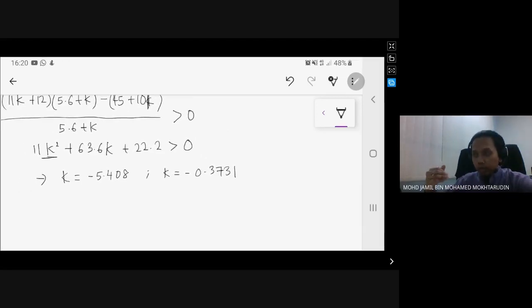So what range of K? If you still remember your Form 4 maths, you need to draw a quadratic curve, something like this. The first point here is negative 5.4, and the second point is negative 0.37.